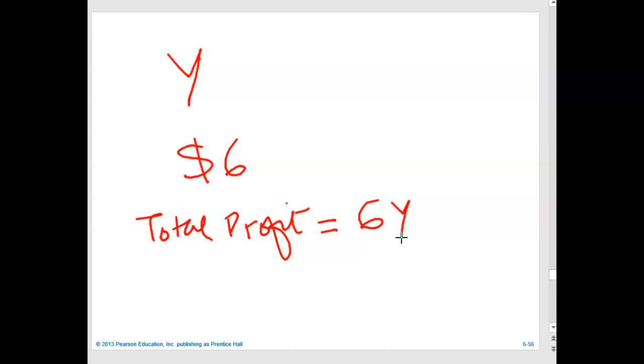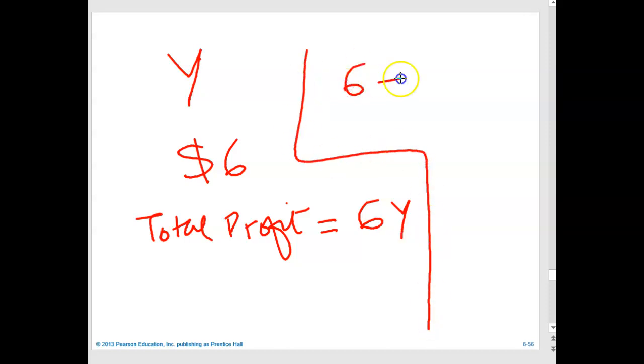So suppose, for example, if instead of saying that the profit contribution per unit is $6, I tell you that the profit contribution per unit is 6 minus 0.02y.